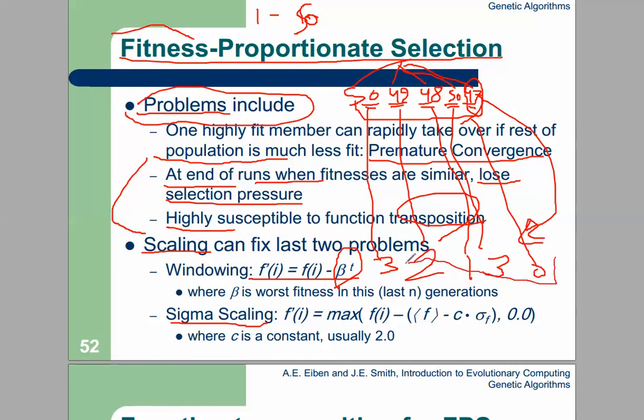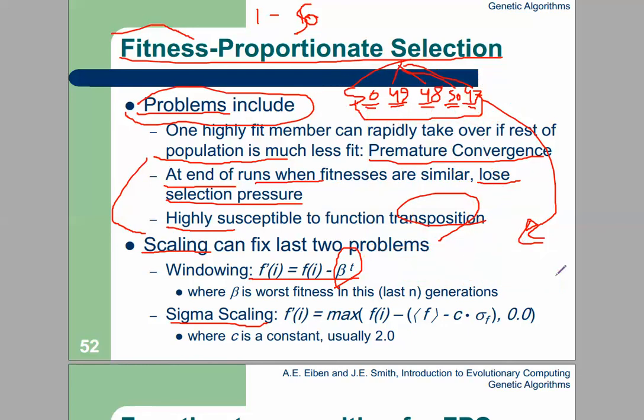It is the fitness after scaling or windowing. So you can see these values are very different, but before they were very similar. So we can solve this problem by scaling or windowing.